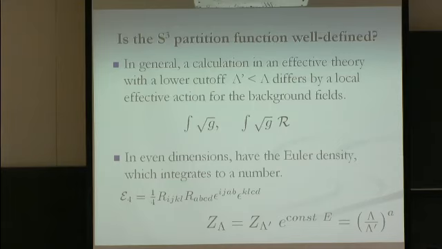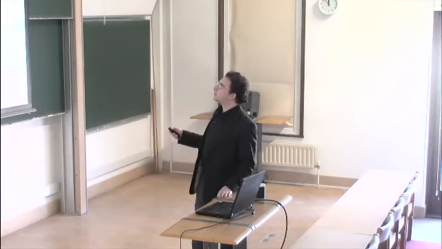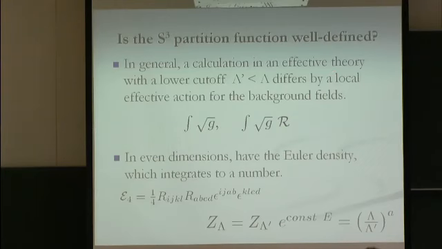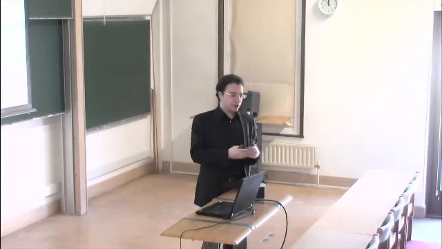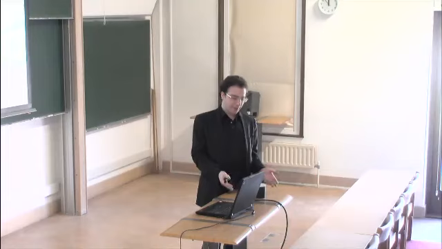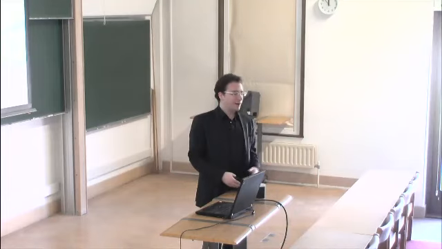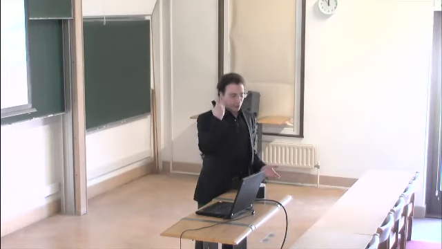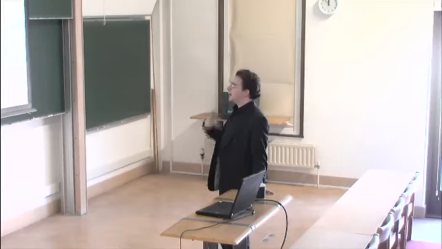Of course, in general, if I had some effective field theory with a lower cutoff, I'll calculate all of the same answers, except that I may have to include some local effective action for background fields. If I have some field theory coupled to a bunch of background fields, and I work in a low energy theory with a lower cutoff, I'm going to induce some terms for the background fields that are part of the RG flow, from the things that I integrated out.